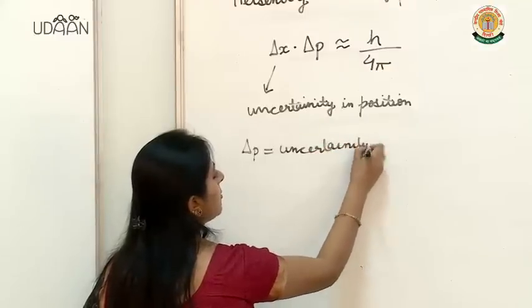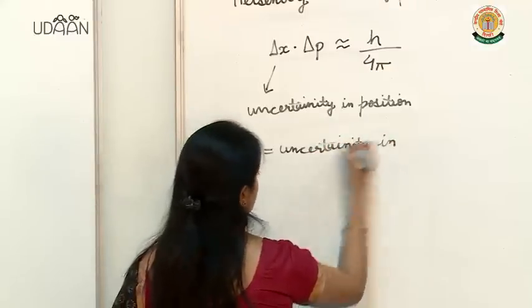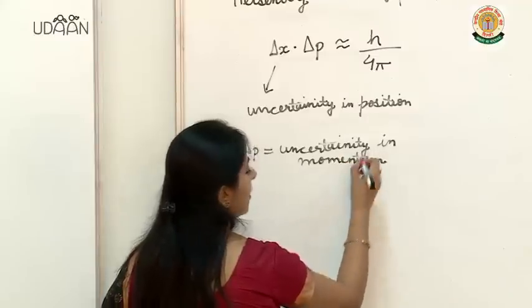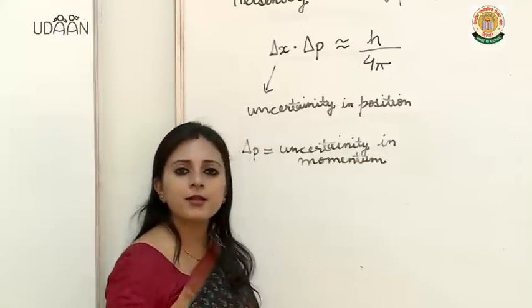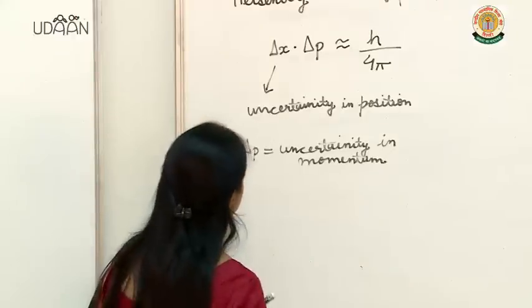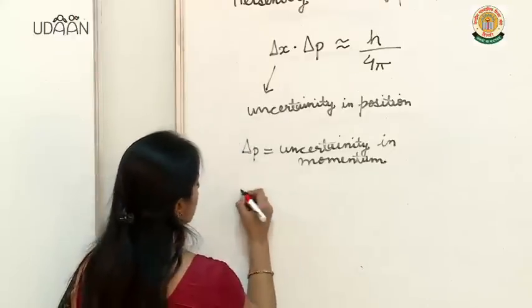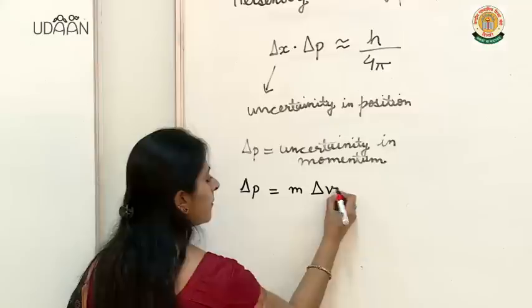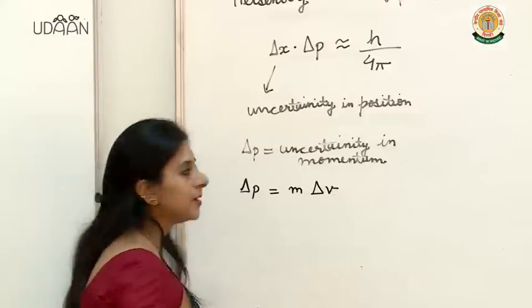Now I told you that momentum is the product of mass and velocity. Since mass cannot be uncertain but velocity can be, I can substitute delta p equal to m delta v.